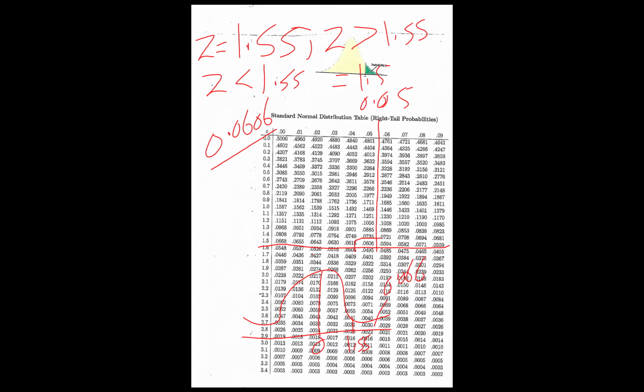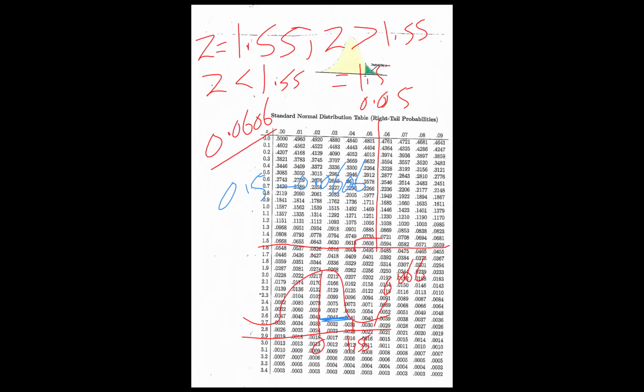All right, so now, how do we find the area that is Z is equal to 1.55? Which means we are looking for which area? We are looking for this area. How do you find it? It will be 0.5 minus 0.0606.